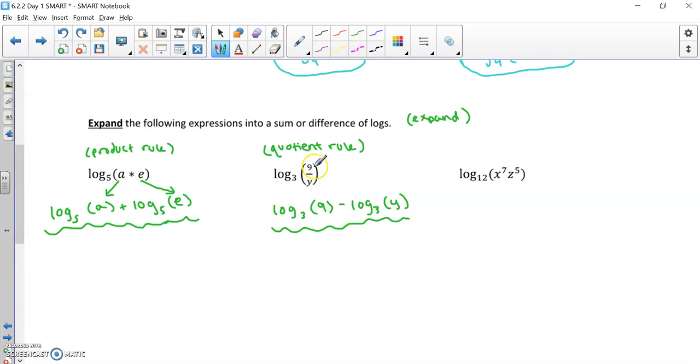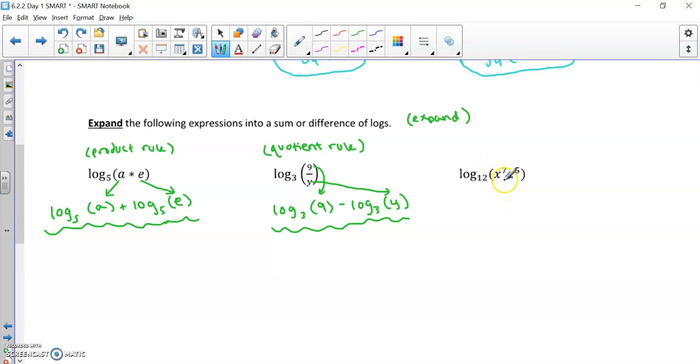Okay, and again, a scenario where each one gets its own log, but this time it's subtraction instead of addition. It makes sense, right? Multiplication turned to addition, so the opposites apply. Division turns into subtraction.